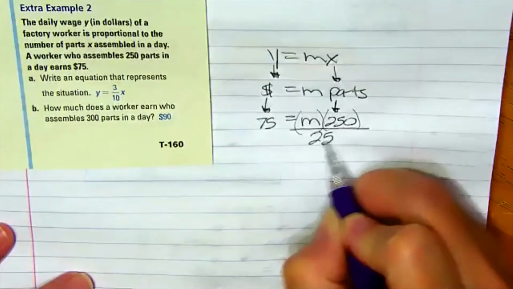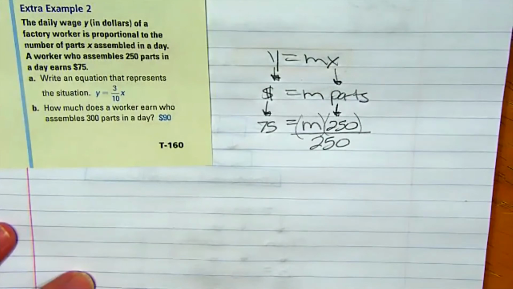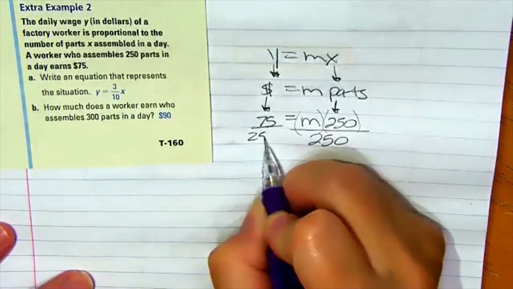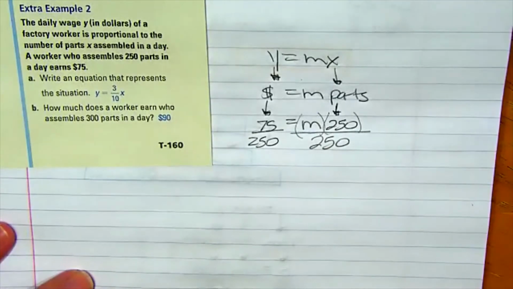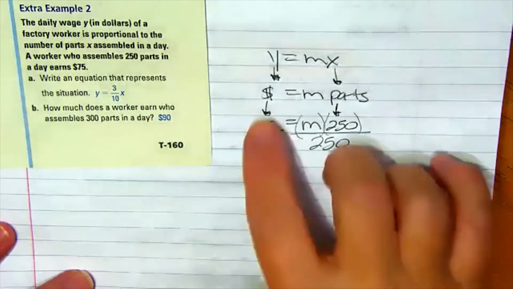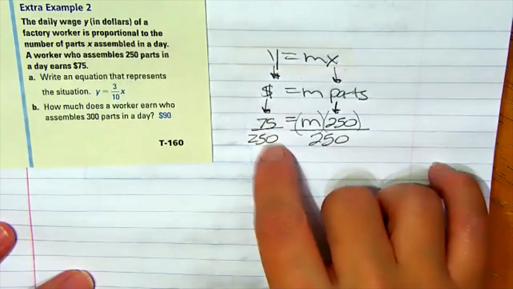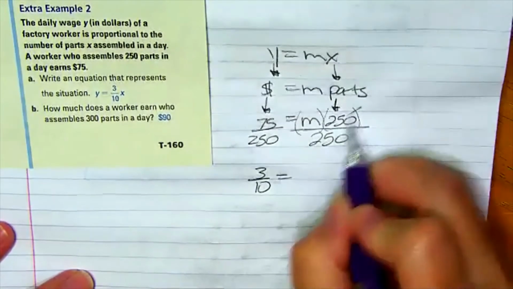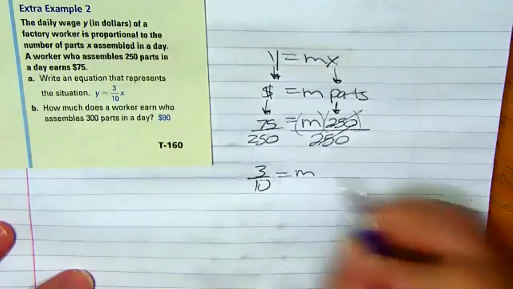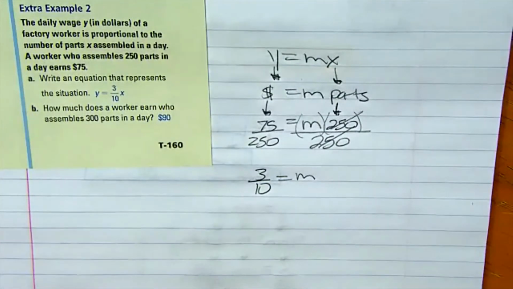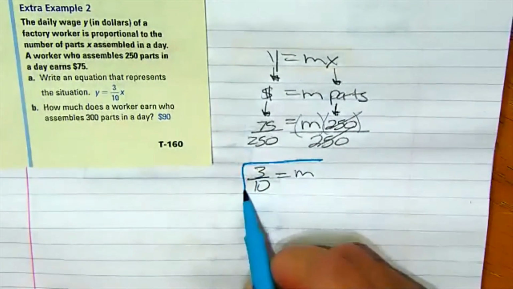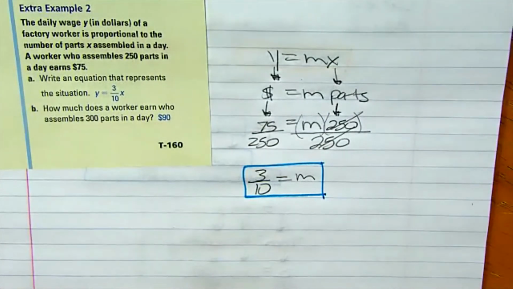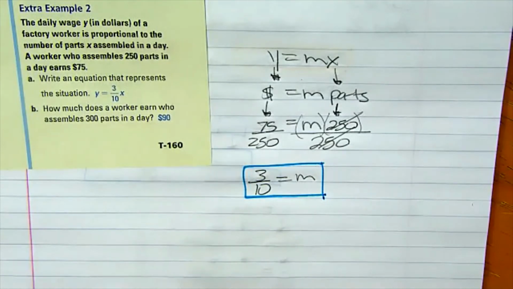I'm going to divide by 250. What I do to one side, I must do to the other. So 75 divided by 250 is 3/10. These guys cancel. m. Here is my slope or my constant of proportionality. There it is.